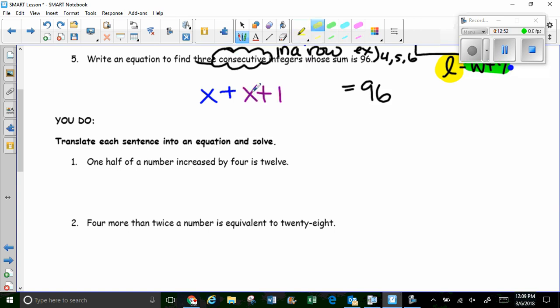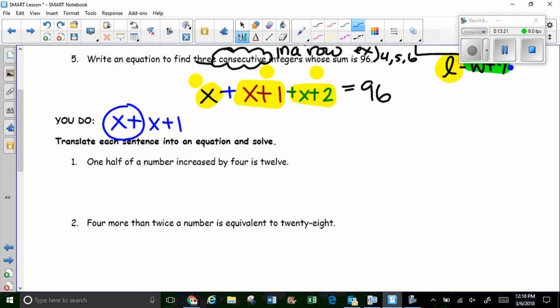So this is my first number, this is my second number, and then my third number, if it's in a row, would have to be x plus 2, or 2 more than x. So you can see you've got your 3 numbers here. You've got the first number, the starting point, 1 more than that, and then 2 more than that, and those are going to be 3 consecutive numbers. If it asks for 2 consecutive numbers, you would set it up x plus 1. There's your first one, there's your second one. But we have 3, so this is how you'll set it up. You're just going to follow this process anytime you see consecutive, okay?